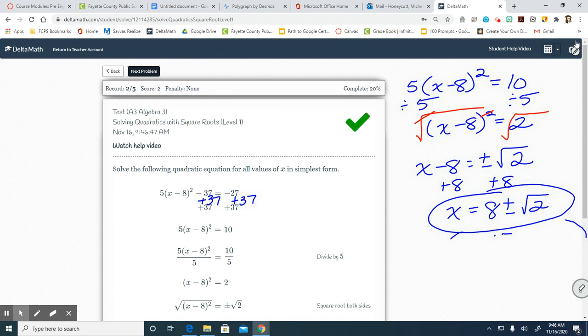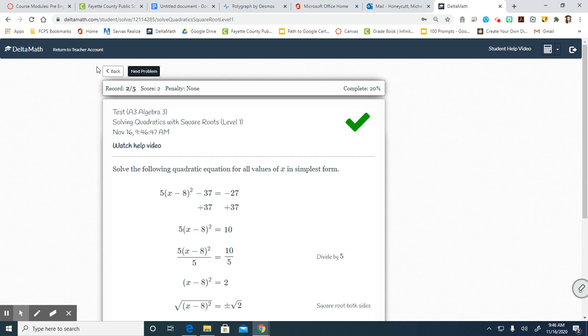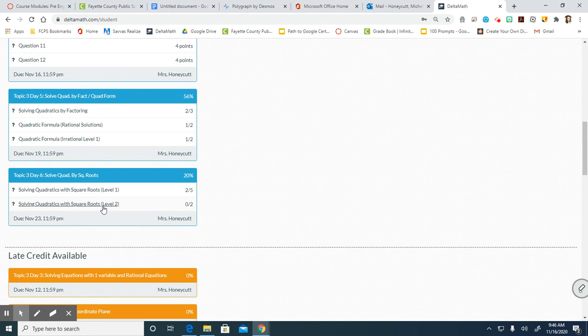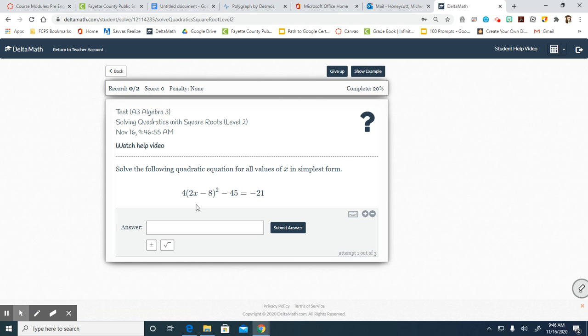There we go. Now, if we go back, you'll also notice there's a level 2. So let's look at the problems in here. They look similar. So let's see what happens. I'm going to add the 45 to both sides.